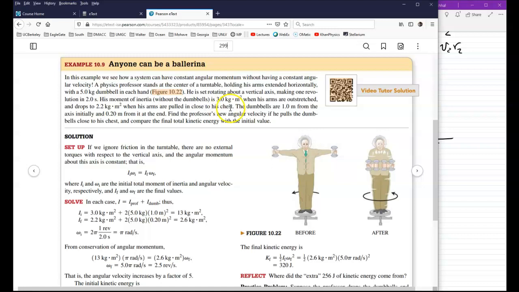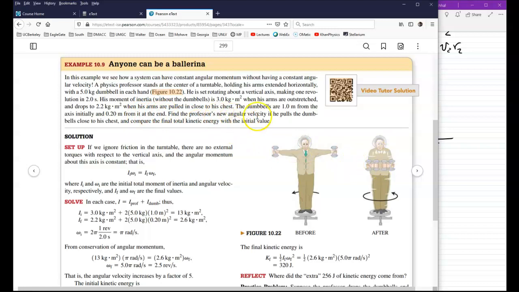I'll come back to all of that in a sec. Let me just finish reading. The dumbbells are 1 meter from the axis initially, so this is 1 meter right here. And when the dumbbells are close to his chest, he's at 0.2 meter from the axis at the end. So this is 0.2 right here.